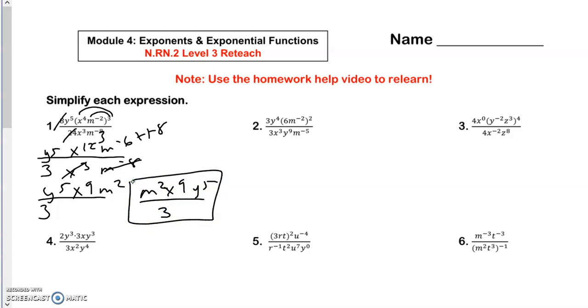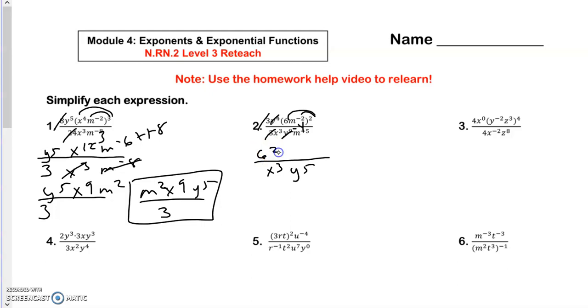Now, I'm going to come over here, and I notice that I can cancel out the 3's. And I also know that the 4 can go into 5. It's smaller, so I'm going to have y to the 5th. Can't do anything with that x to the 3rd, so I'm going to leave that here. And then I'm just going to distribute that across.